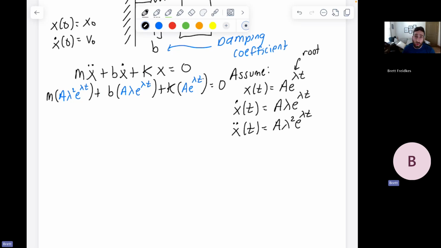And if we look at all of these terms, we see that each of them has an amplitude A, which we can cancel out because we're equal to 0 on the right. And additionally, they all have an e to the lambda t. So those all cancel out as well. So we end up getting m lambda squared plus b lambda plus k is equal to 0.